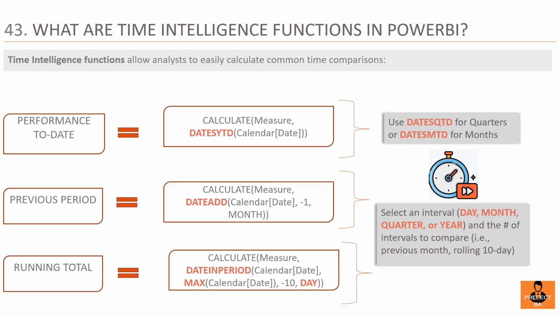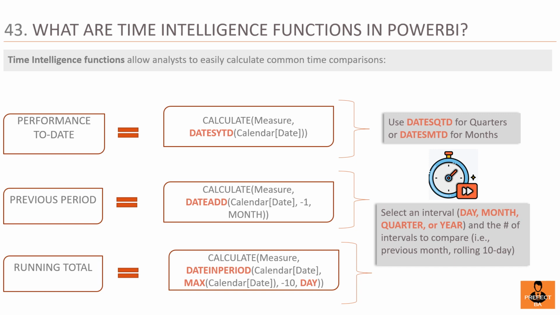Question number 43. What are time intelligence functions in Power BI? Time intelligence functions allow analysts to easily calculate common time comparisons. Time intelligence functions enable analysts to manipulate data using time periods, including days, months, quarters, and years, and then build and compare calculations over those periods.